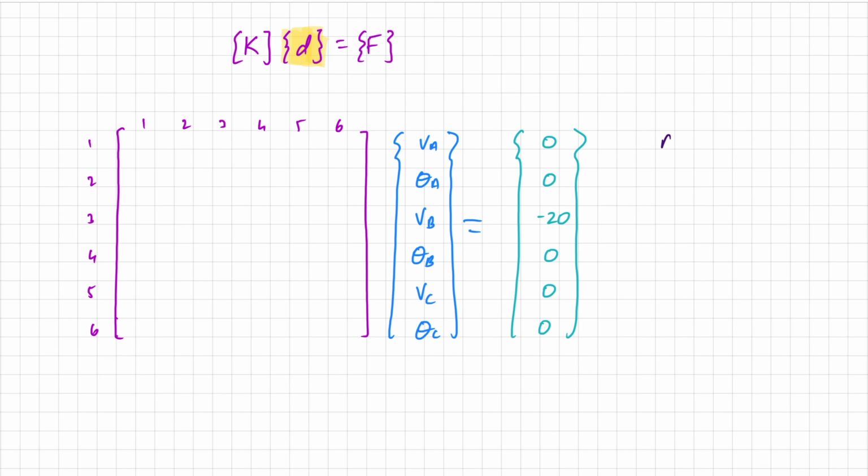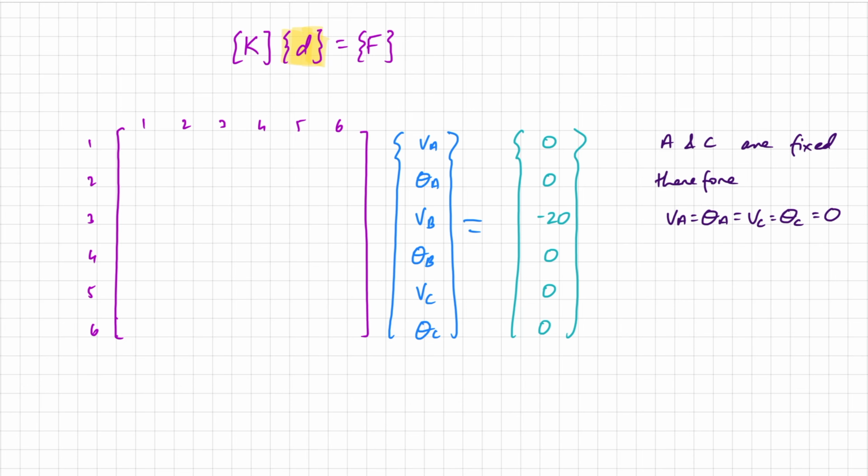I know that A and C are fixed, and therefore I know that VA equals the rotation at A equals VC equals the rotation at C, and they all equal 0 because these are all fixed.